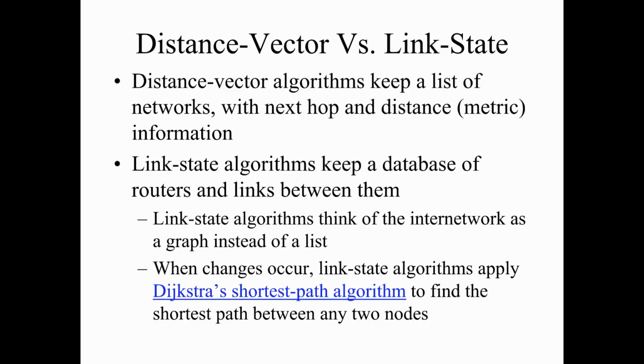When changes occur, the link state algorithm applies a shortest path algorithm to find the shortest path between different nodes. Again, link state, the big thing here is it looks at it as a graph and updates when changes occur. Distance vector looks at it more like a list, uses next hop and distance as metrics, and updates every 30 seconds.